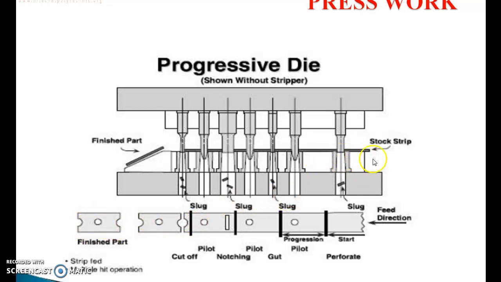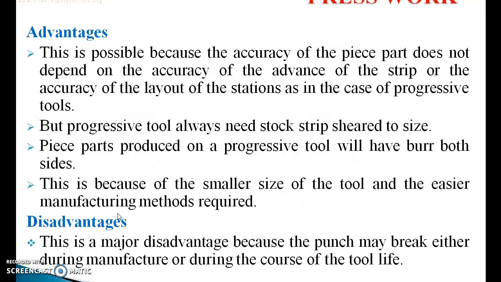So at every station, before every stroke, the workpiece needs to be fed in between, so as to get the final product. At a single stroke of the press, we are able to get a final finished part. So this is named a progressive die.